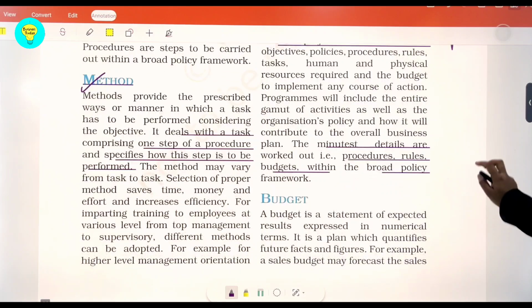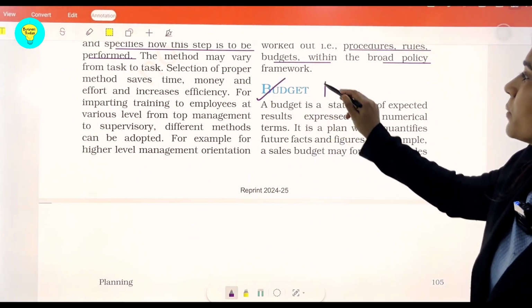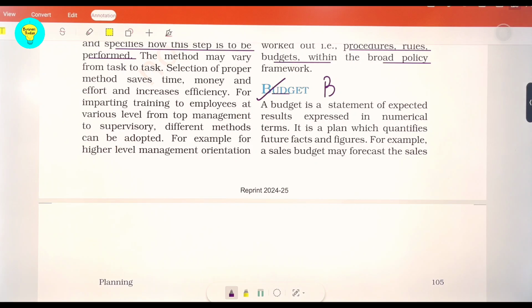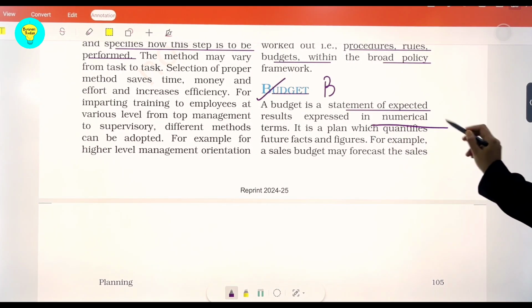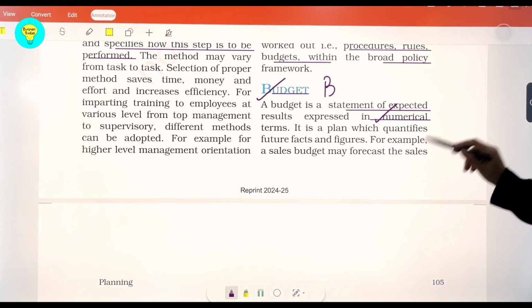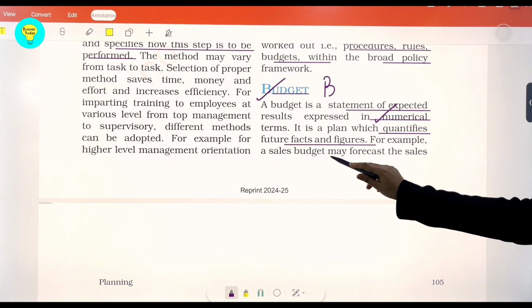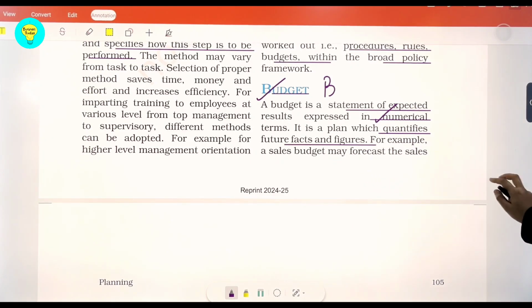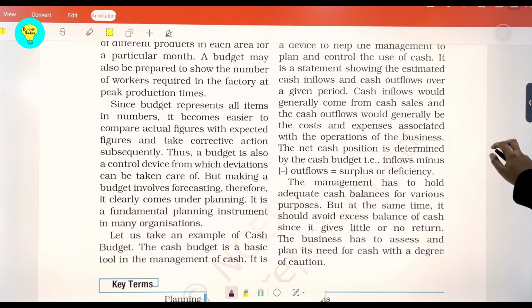The last plan is budget with the letter B, and it is a statement of expected results in numerical terms. Very important students, always the budget is in quantifiable terms with some facts and figures, and it generally requires a forecast to arrive at the figures.